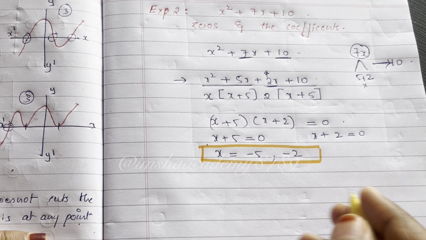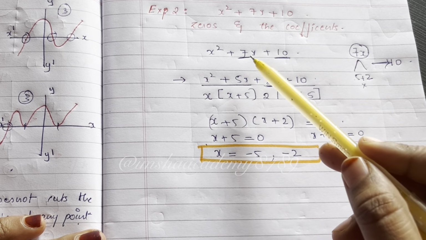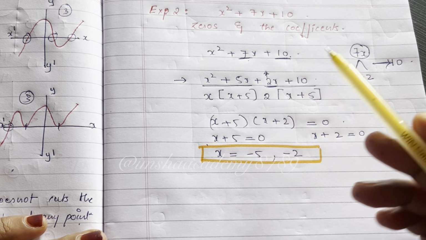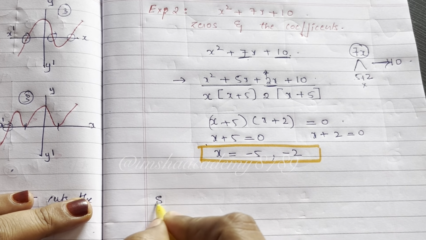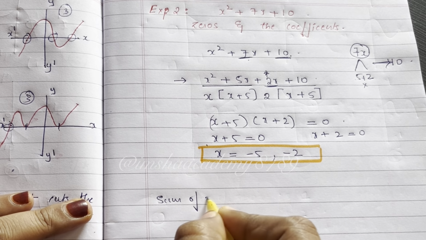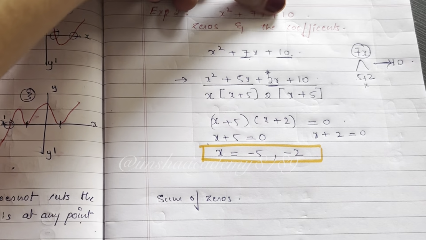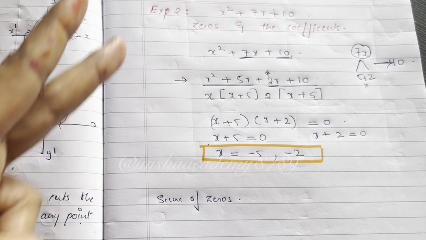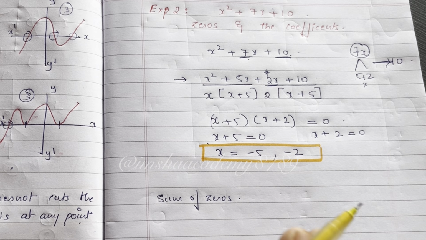So the zeros of x square plus 7x plus 10 are minus 2 and minus 5. Now we need to find the sum of zeros. In order to find the relationship between zeros and coefficients, we need to find two things, as I told, the sum of zeros and the product of zeros.